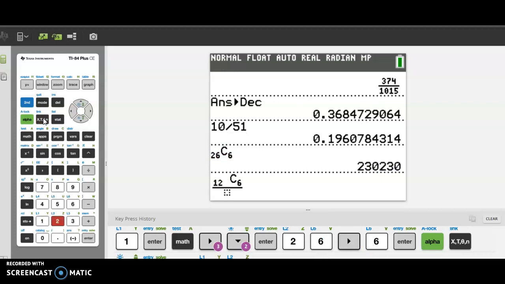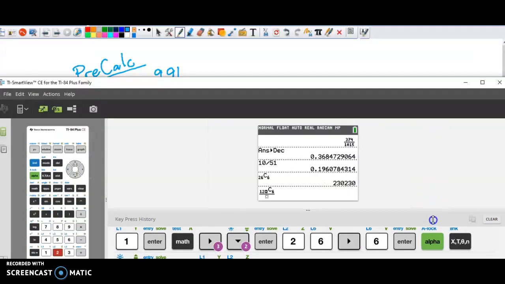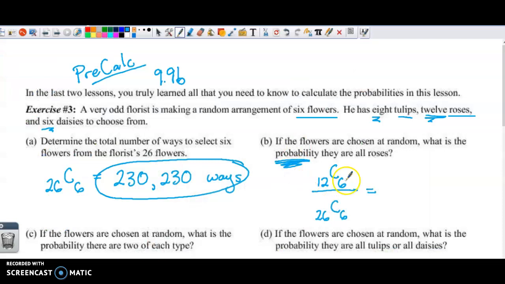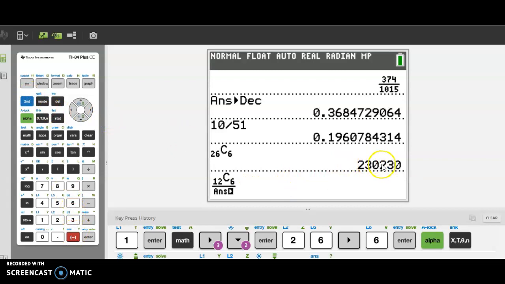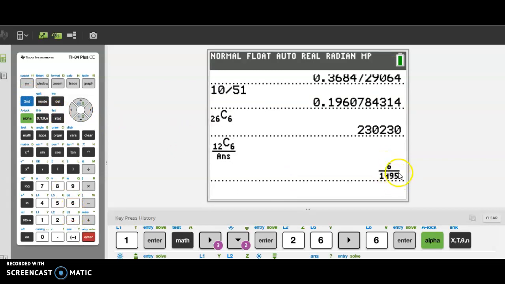So we want all 6 of them. 12C6 over 230,230, and this is where using a calculator might be helpful. If I hit second, the negative, I can just pull down that 230,230, which reduces to 6 over 1495.